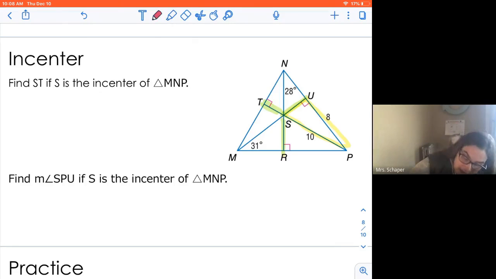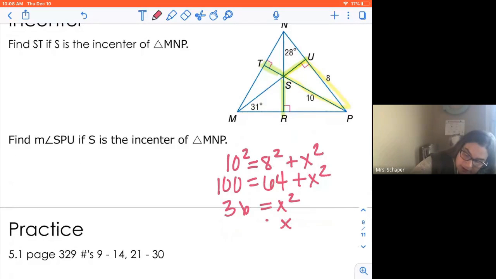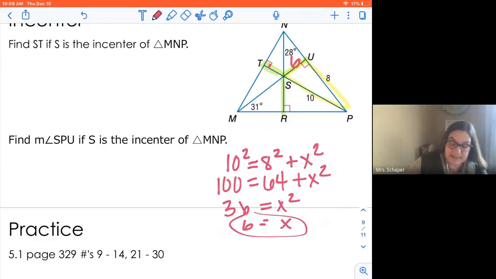So I can say that 10 squared is equal to 8 squared plus x squared. 100 is equal to 64 plus x squared. 36 equals x squared. X equals 6. So if US is 6, then TS is also 6.